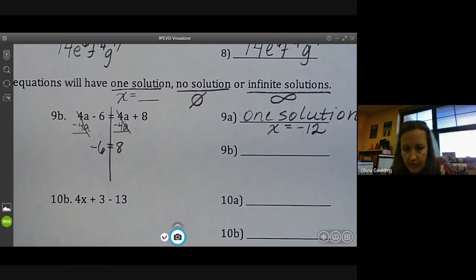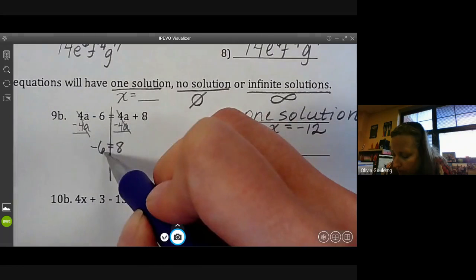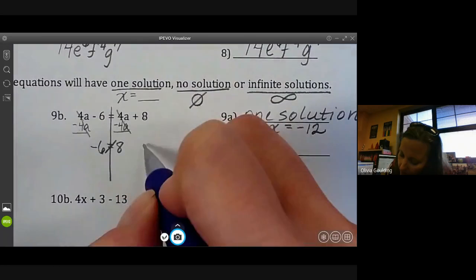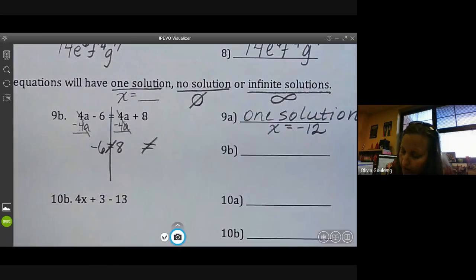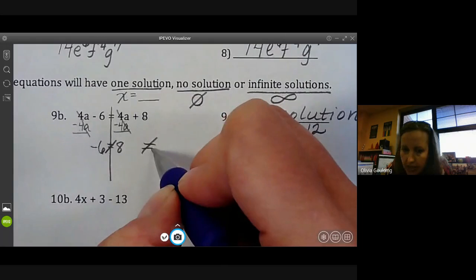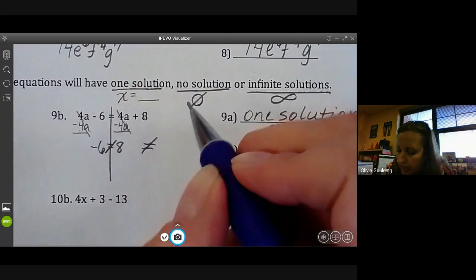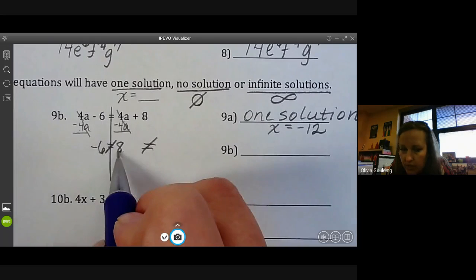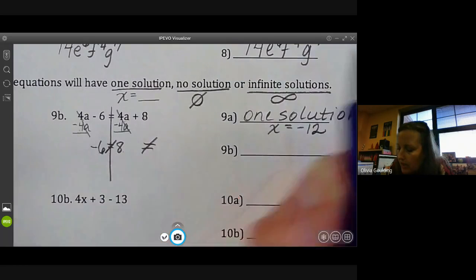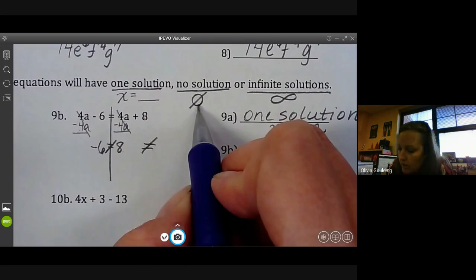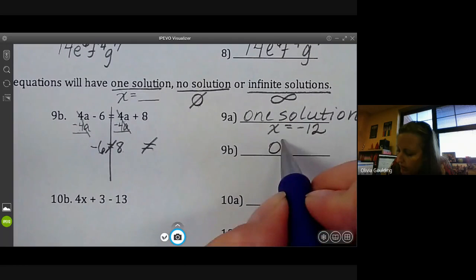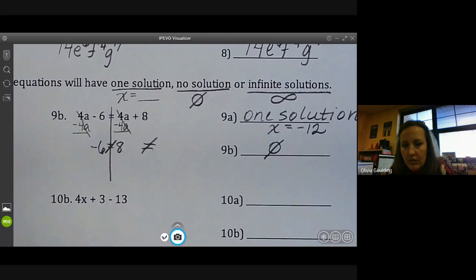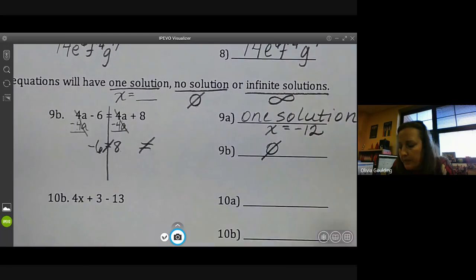Is that true? No, never. Never will that be true. So I'm going to cross out that equal sign, making this symbol right here, which means is not equal to. If I get a situation where the two sides are not equal to each other, that's no solution. So my shorthand for number 9b is no solution.